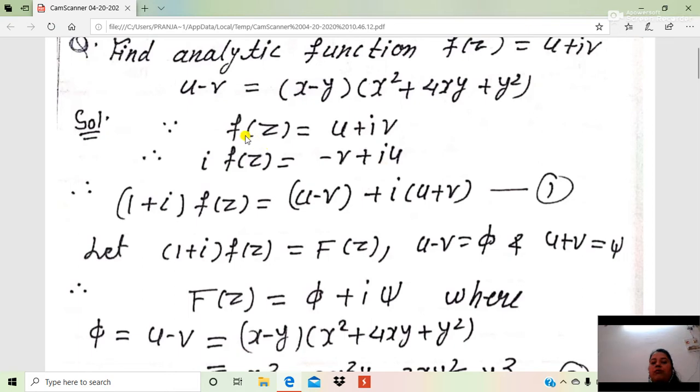When we add these two equations, we have a new equation: (1 plus i) f(z) is equal to, adding the left-hand side and the right-hand side, u minus v plus i (u plus v).